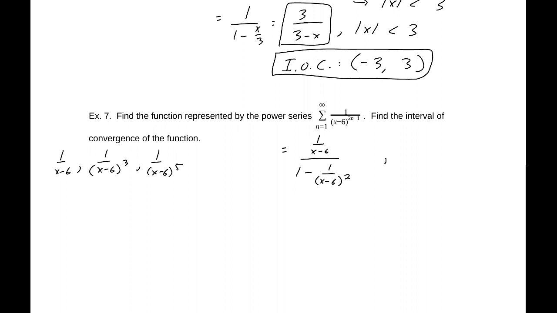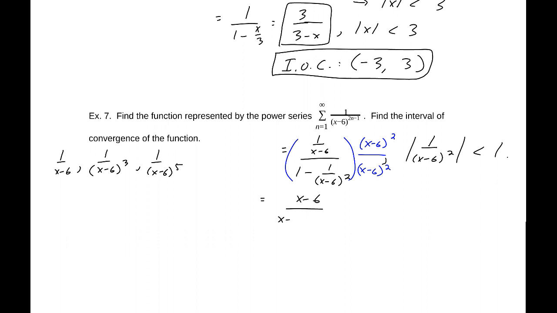Now this is valid as long as the absolute value of 1 over x minus 6 squared is less than 1. We'll revisit that in a second. So let's multiply through by x minus 6 squared to get a nicer looking function. That will be x minus 6 over x minus 6 squared minus 1.